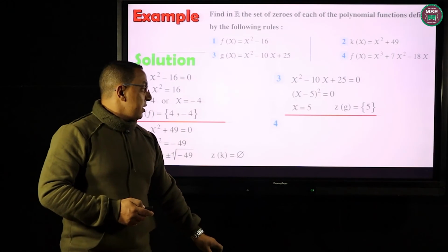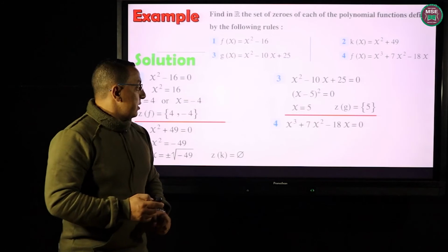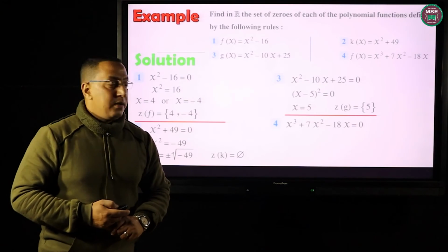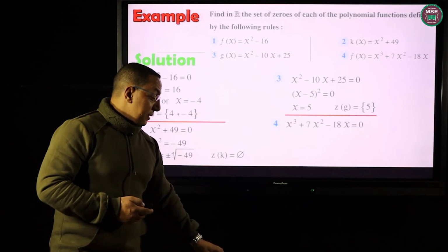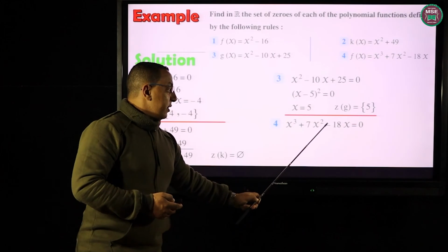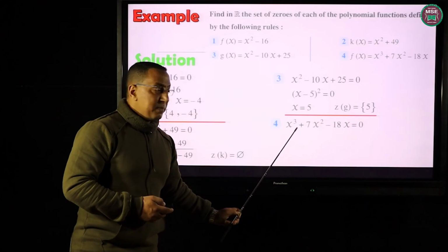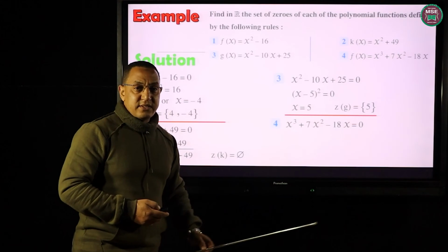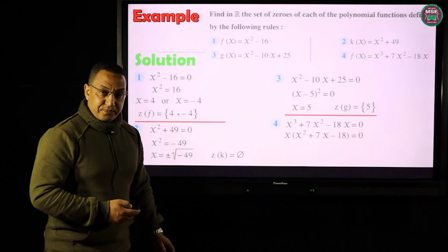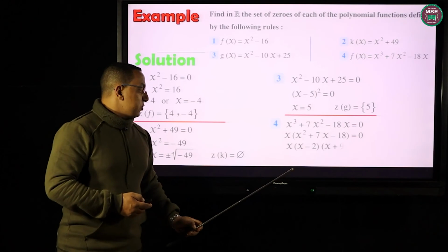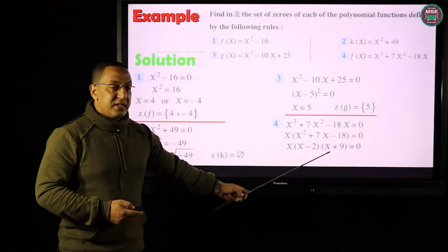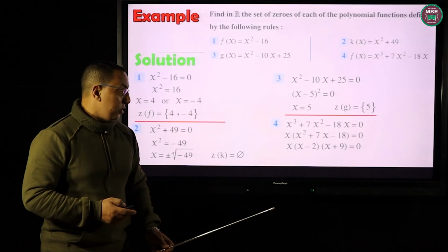Finally, this is the last example with us. x power of 3 plus 7x power of 2 minus 18x equals 0. First, I'm going to take x as a common factor because x is repeated in the three terms. Now I'm going to factorize this expression. So it will be x, x minus 2, x plus 9, as I explained before.